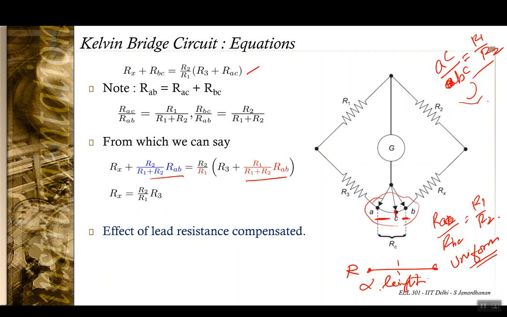If we are able to find this point C, then the effect of lead resistance is compensated and you will be able to say that the unknown resistance Rx is R2 by R1 times R3.